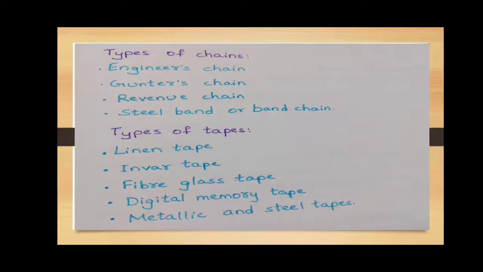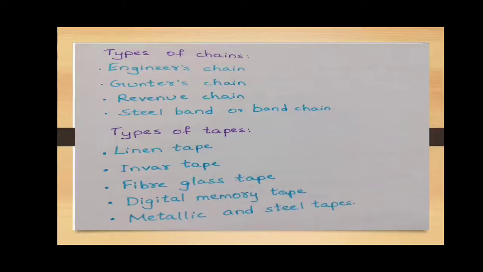Now, let's know them in detail. Linen tape, also known as cloth tape. It does not give accurate readings as it is affected by moisture. Its length is 10 to 30 meters. Next, invar tape. It is available in lengths of 20, 30 and 50 meters. It is costly and delicate.